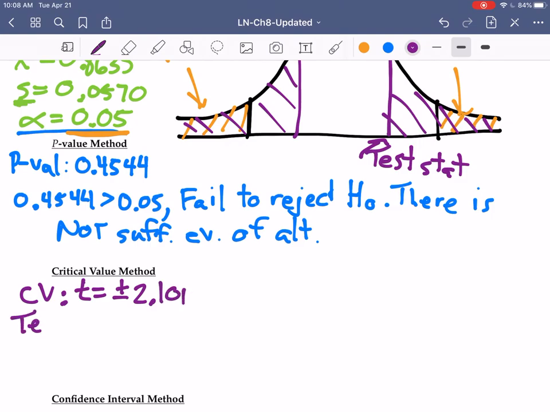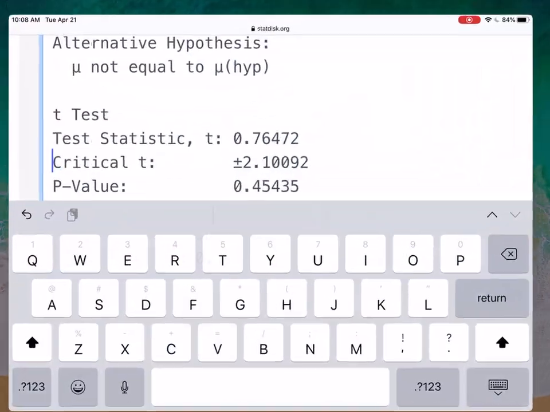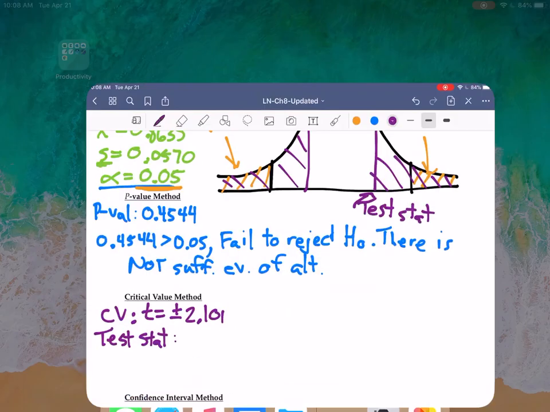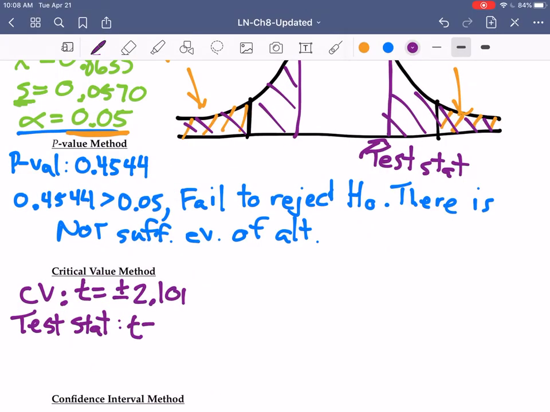And our test statistic was right above that, 0.765 if we round to three places.